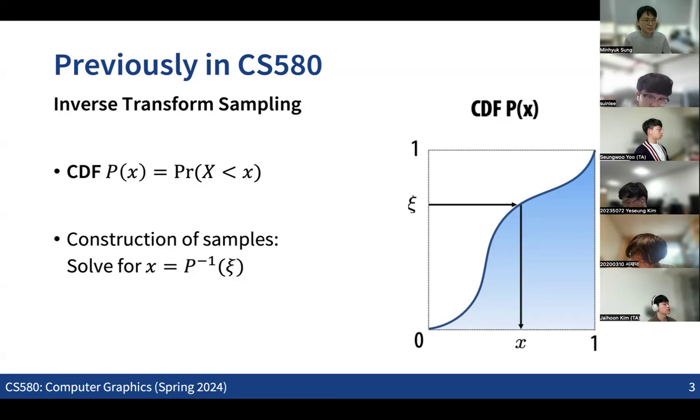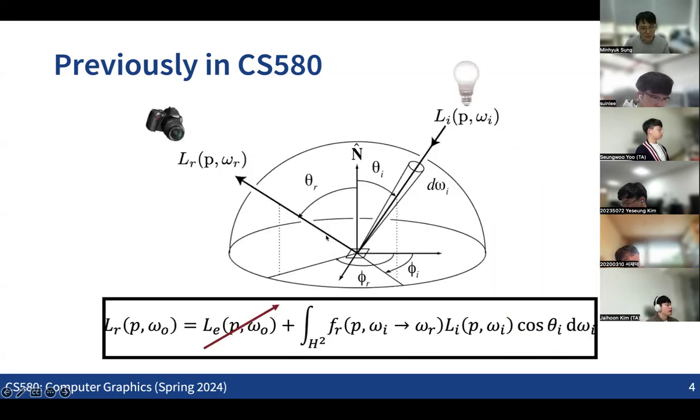So this was the basic, fundamental idea of importance sampling. And also the question is how we can apply this idea to our reflection equation. So what we are doing in our ray tracing system is all about computing some kind of integral.